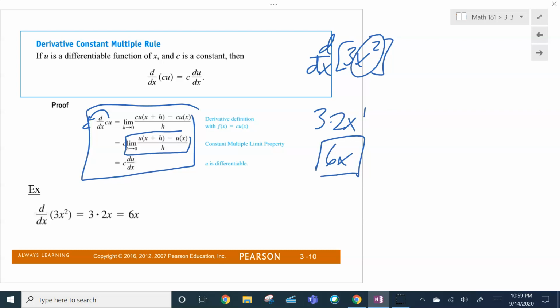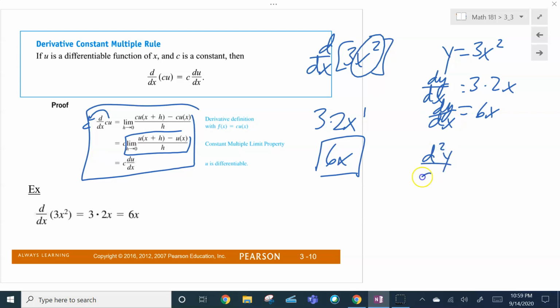That's the first derivative, right? So if y equals 3x squared, the first derivative, dy dx, is 3 times 2x, so 6x. If they ask for the second derivative, so the derivative of 6x, now we can take that second derivative. 6 stays there, take the derivative of x.